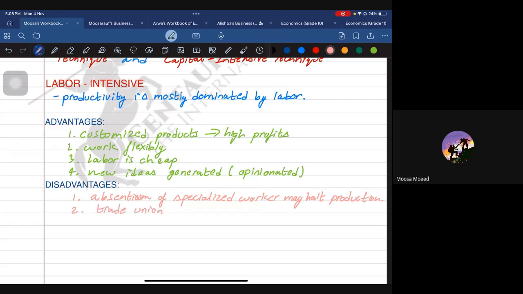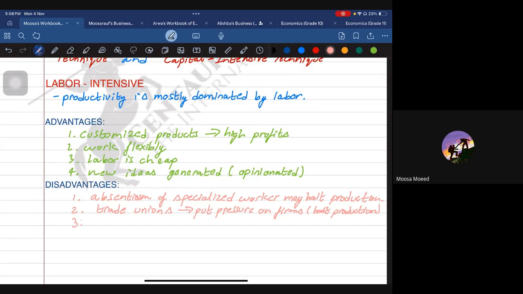Trade unions also put pressure on firms and they halt production as well, so that you increase the wages or the working conditions, anything like that.